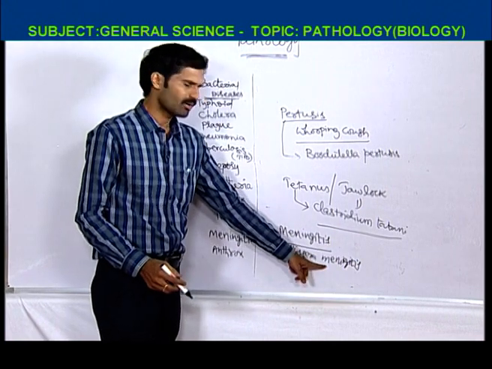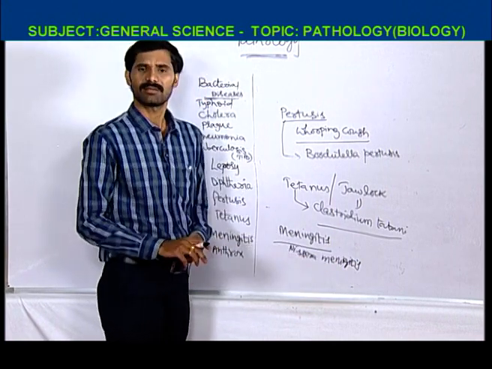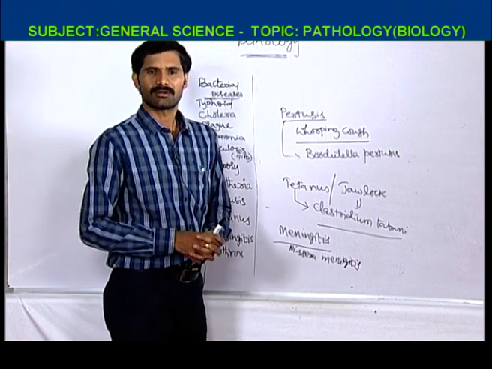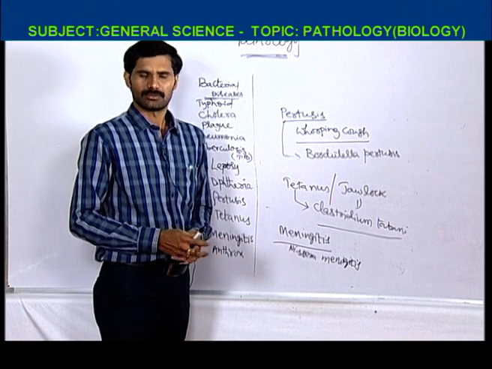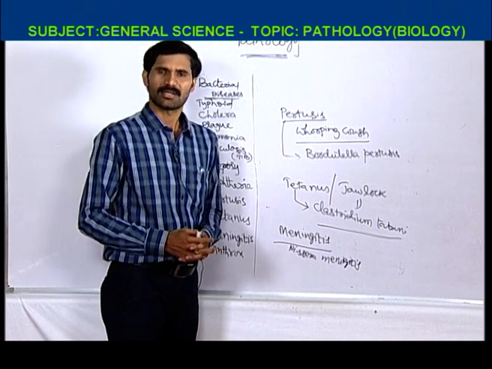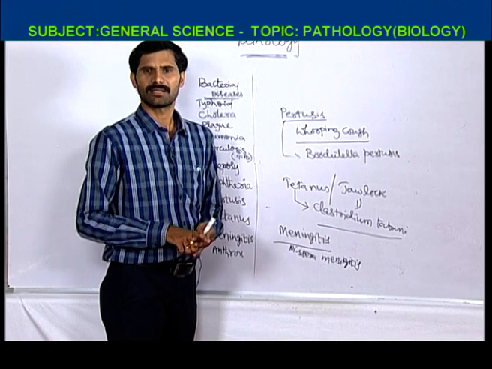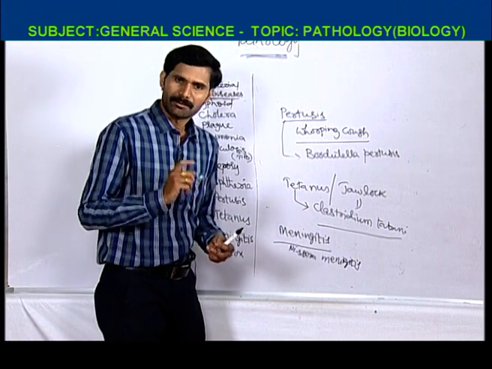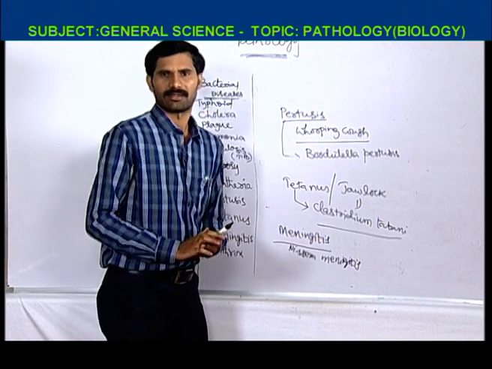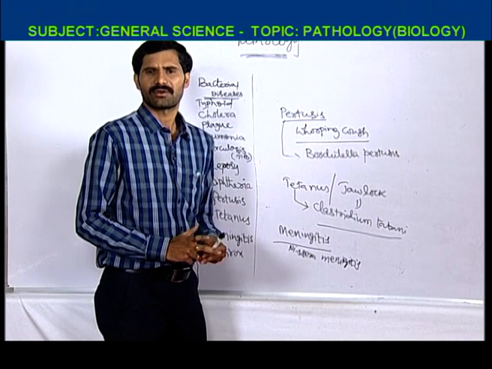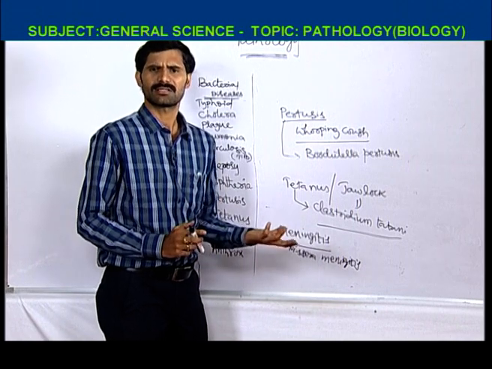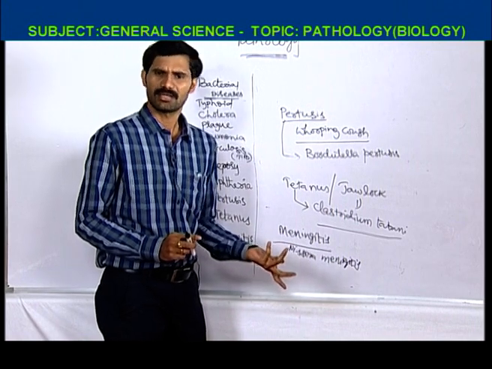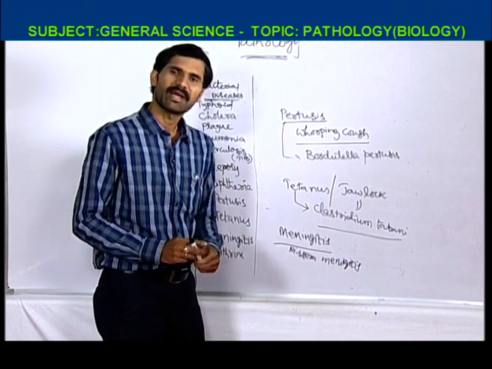So basically, what are the meninges? Meninges are the layers covering the brain and spinal cord, both important parts of the central nervous system, which are surrounded by three membranes, namely the outer dura mater, the middle arachnoid mater, and the inner pia mater. These are generally referred to as meninges. Around the brain they are called cranial meninges, and around the spinal cord the same three layers are called spinal meninges.